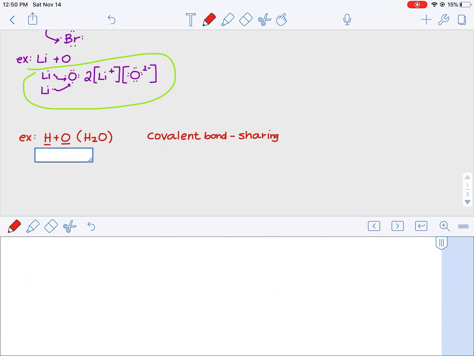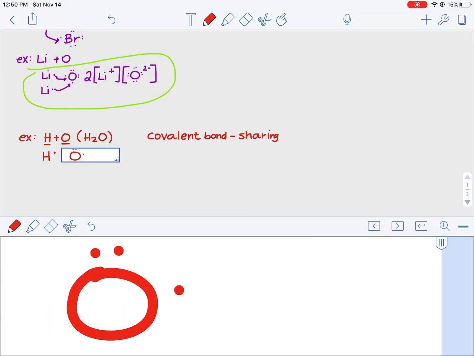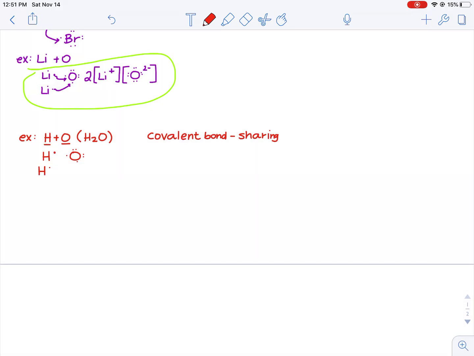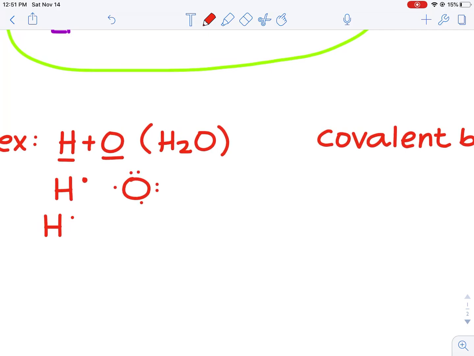Let's start with those puzzle pieces. Hydrogen is in group 1, it has 1 valence electron. Oxygen is in group 16, it has 6 valence electrons. Now my formula automatically tells me that I'm going to need 2 hydrogen atoms in order for the 1 oxygen atom to be stabilized.